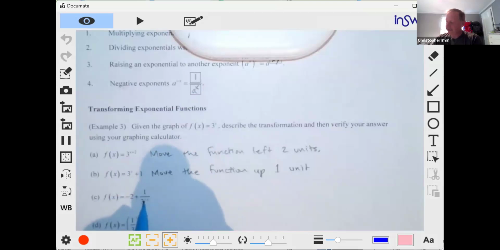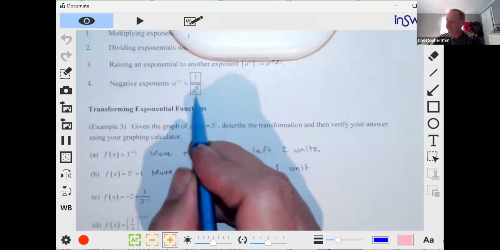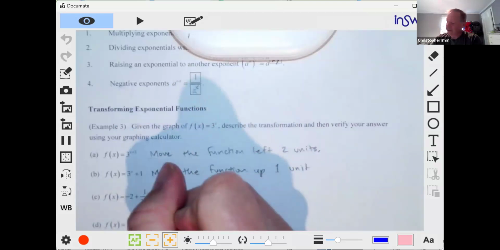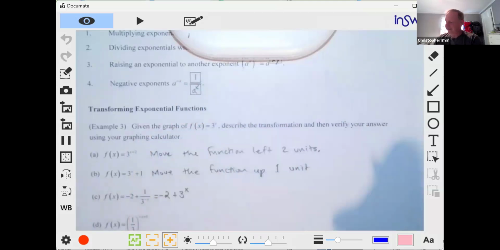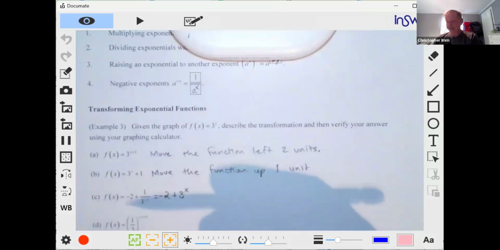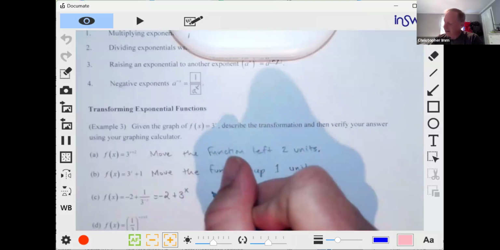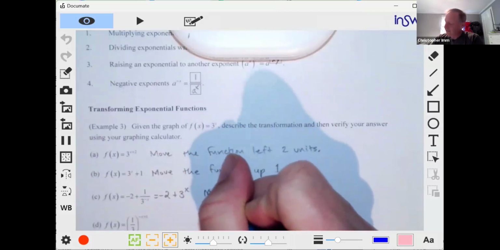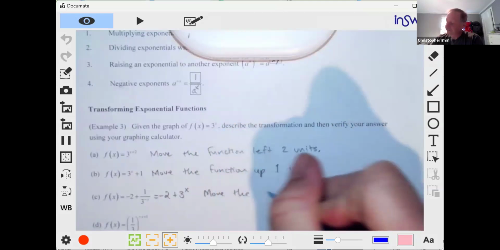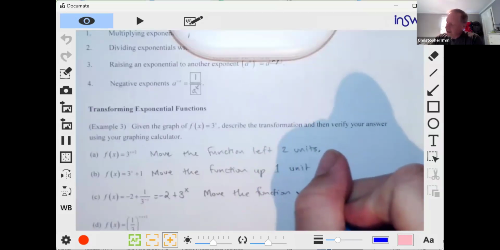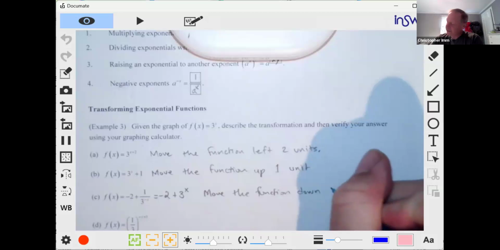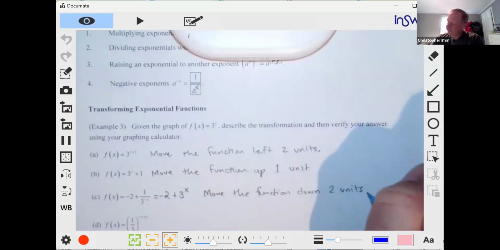So if I have 1 over 3 to the minus x, I can change that into 3 to the x by just flipping this up to the numerator. This would be negative 2 plus 3 to the positive x. So when I have a negative exponent, that flips it up into the numerator and it makes that exponent positive. So here, this is going to move the function down 2 units because it's an outside change.